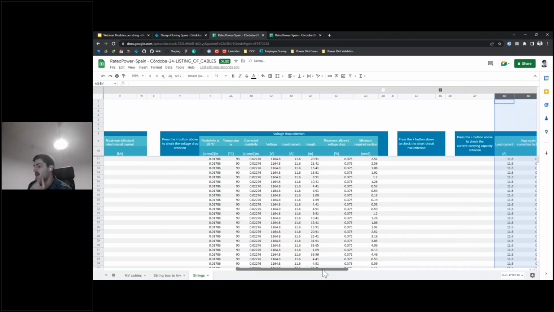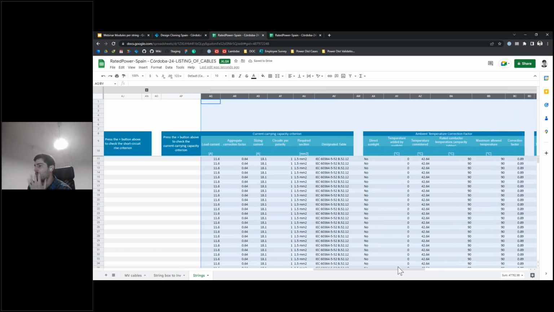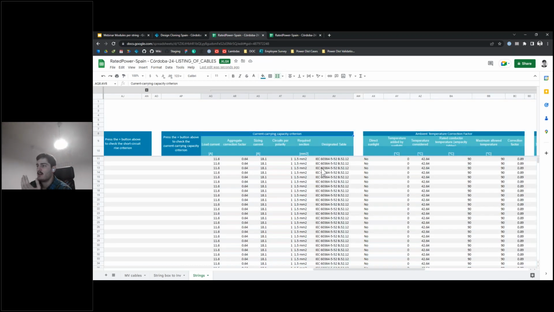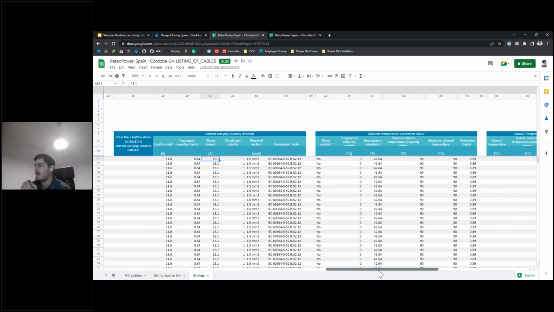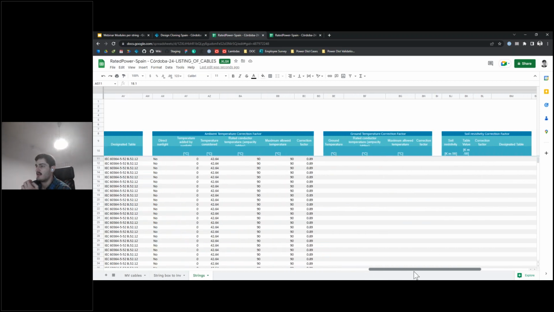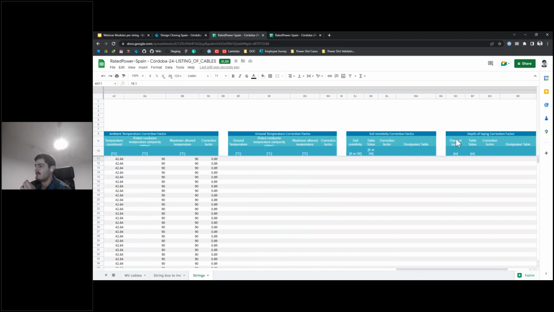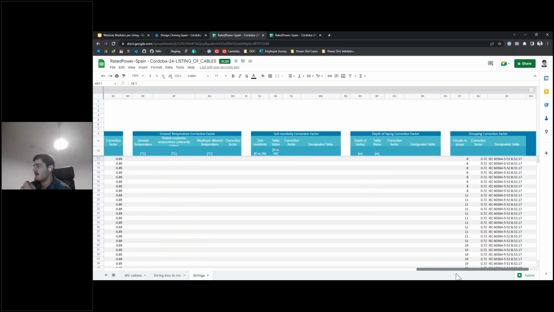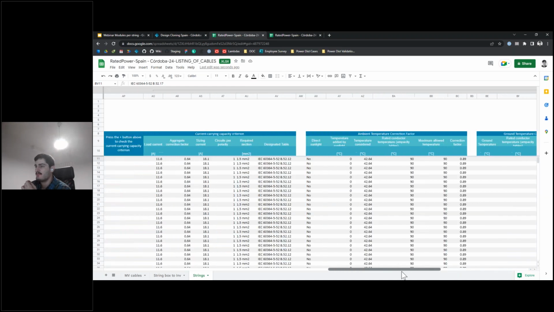For the maximum ampacity of the cables, we are going to find what's the load current that each cable has, the sizing current that we are considering according to the different factors that are affecting each one of these cables: the ambient temperature, soil resistivity, and ground temperature. And then the grouping factor, also the table in which we can find those factors.